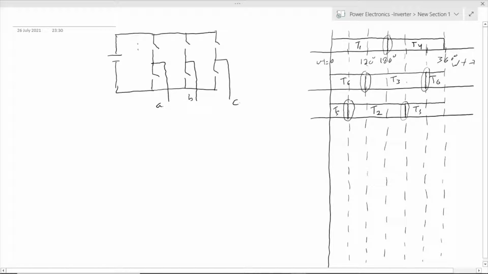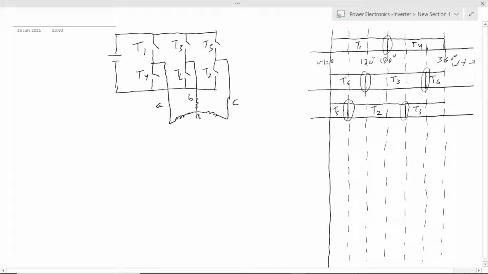So nomenclature, just remember: T1, T3, T5, T4, T6, and T2. Okay, and then we can connect our load, and this is our neutral point.